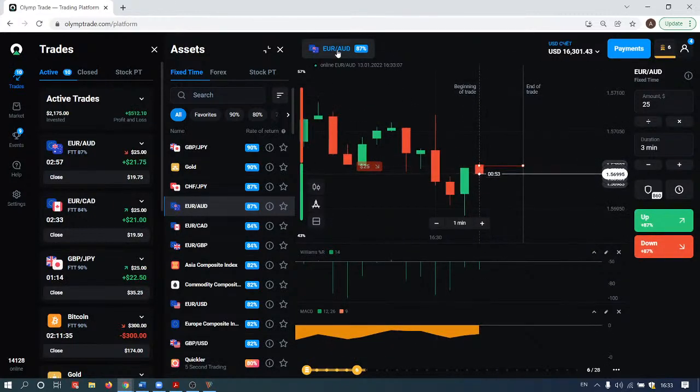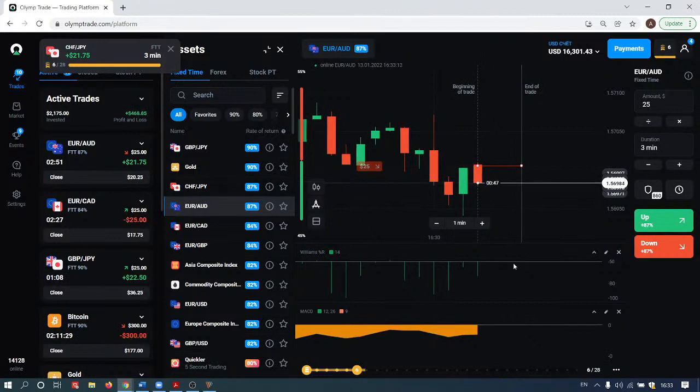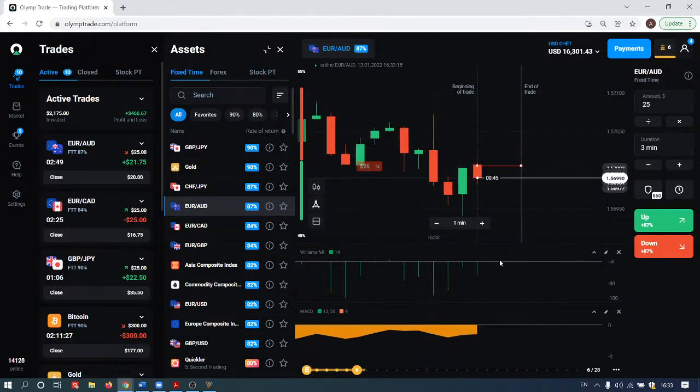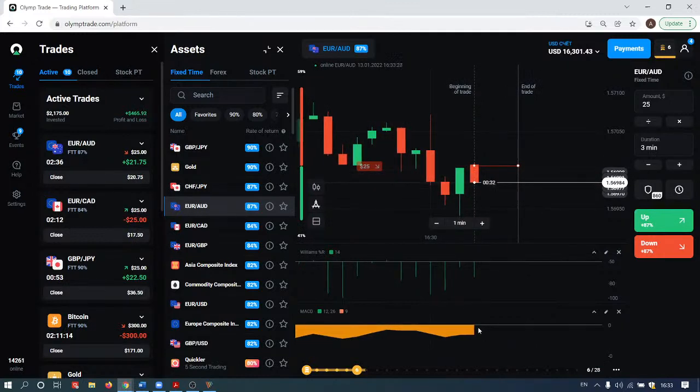The euro against the Australian dollar. Once again, this histogram of the Williams %R is under the midline, under this -50 line, and the MACD line is also under the 0 line. So that's it. You don't need anything else. Nothing else is required. Just open your trades in the downwards direction.